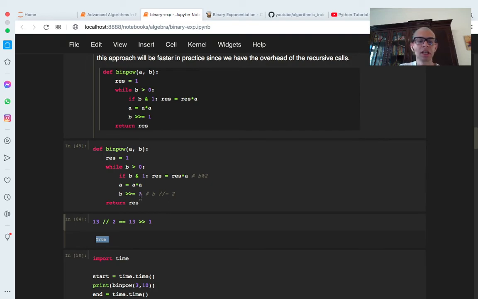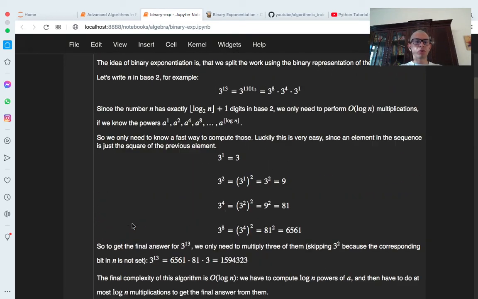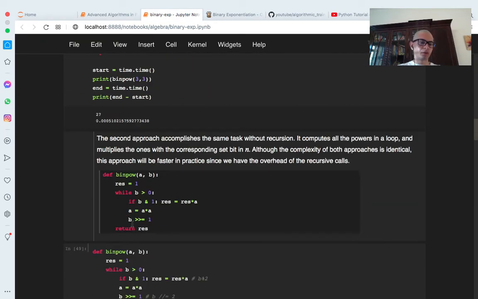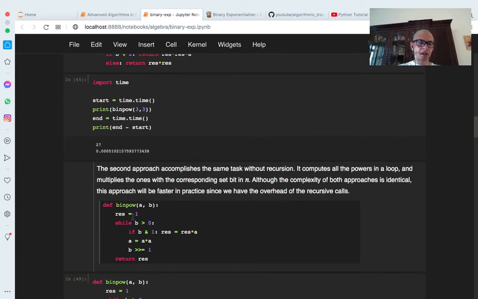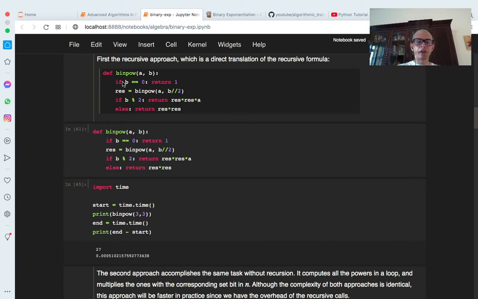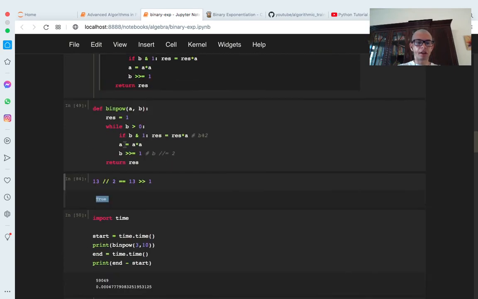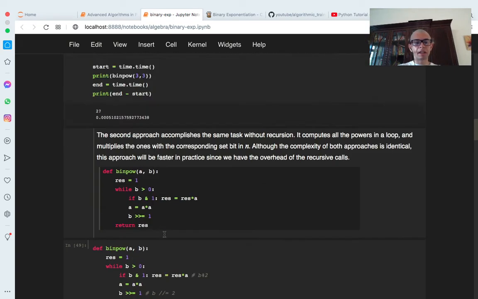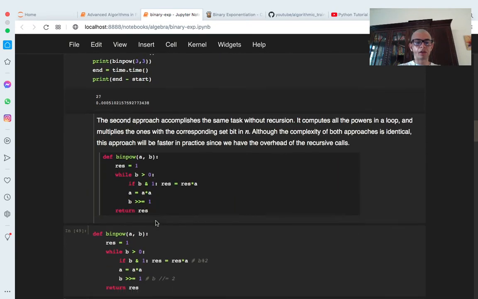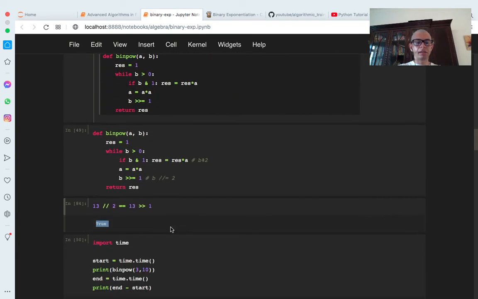Since we are having a binary exponentiation, treating this as a normal binary operation, or a number in the decimal base or in the binary base, it's totally the same.